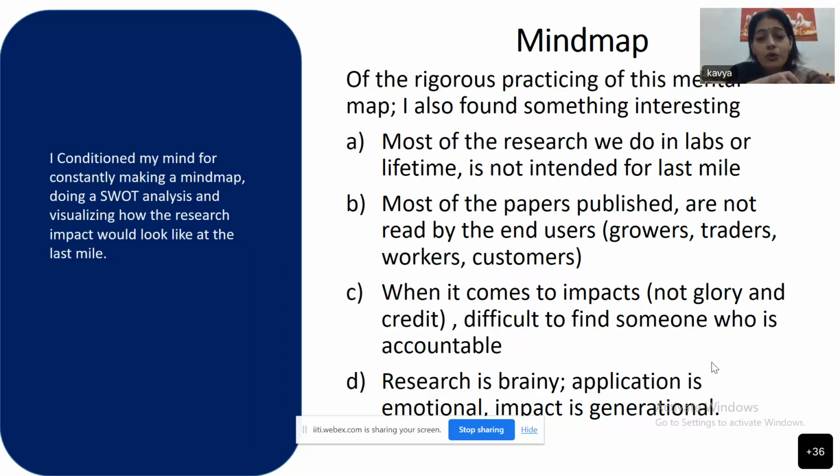And when it comes to impact, I'm not talking about glory or credit, because success has many fathers, we know. When it comes to impact, it is difficult to find someone who's accountable. Suppose we recall the slide I had shown of the few children who were heavily impacted because of pesticides.